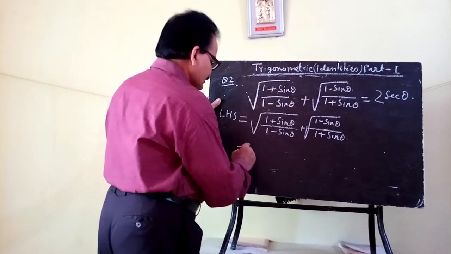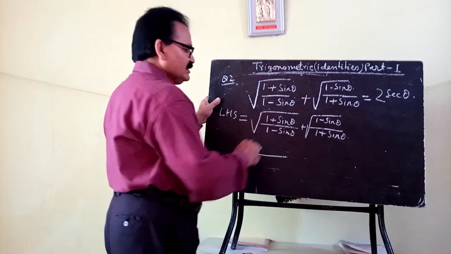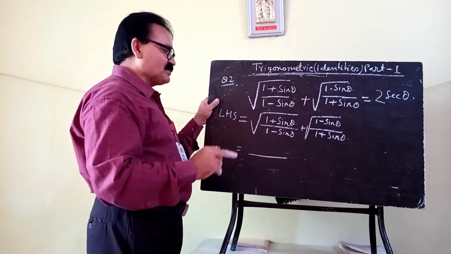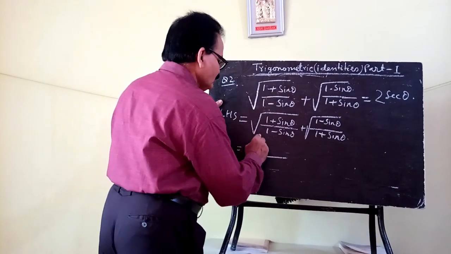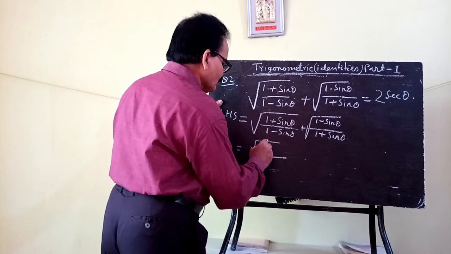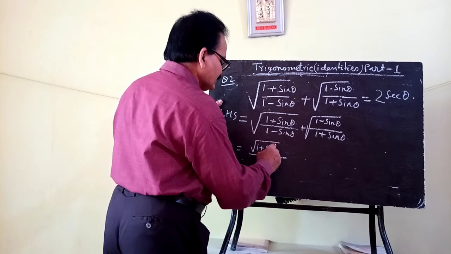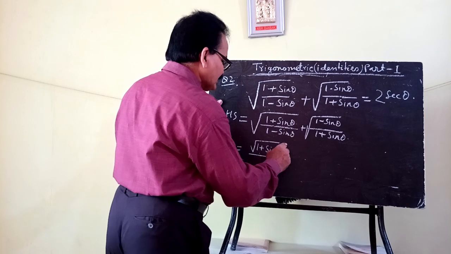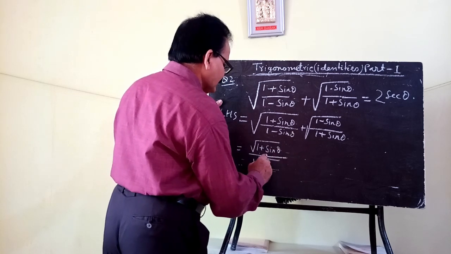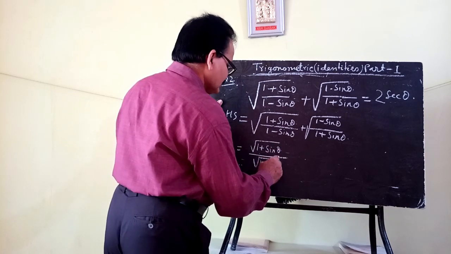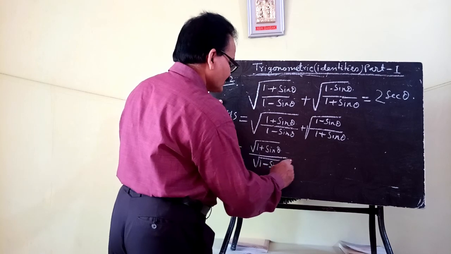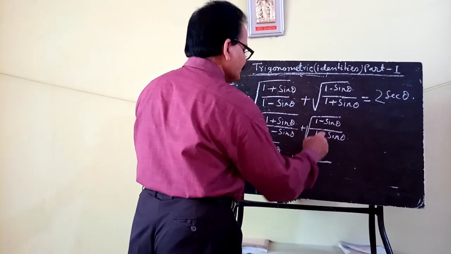Okay. You see, in this case you have to apply the rules of your exponent. So you convert it into 2 parts. Numerator it is square root of 1 plus sin theta. In the denominator it is square root of 1 minus sin theta. Again you split it up.